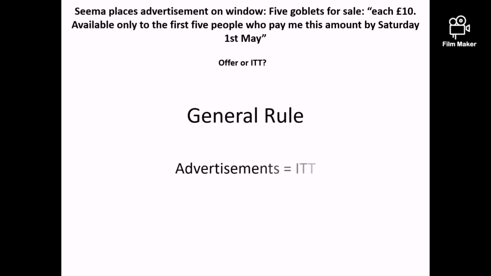Now the question was whether it was an offer or an ITT. Now generally, advertisements are considered as ITT because advertisers generally do not publish it with the intention to get bound. They in fact publish it with the intention to invite people for further discussion.